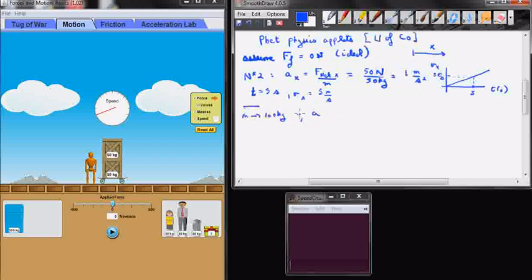And we'd like to know what a sub x is. Okay, well, from Newton number 2, a sub x is the net force, which I'm going to continue to have be 50 newtons. But now I've doubled the mass, 100 kilograms. And so that's now 1/2 meter per second squared.